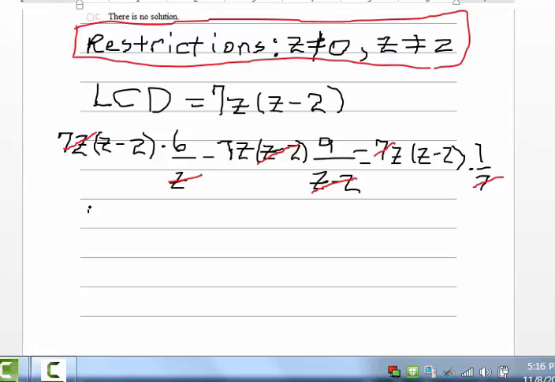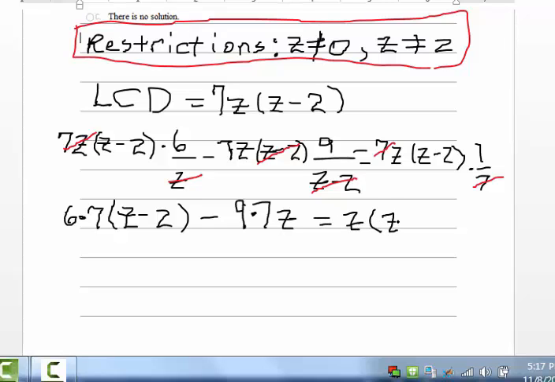So in the first position, we're left with 7 times z minus 2 times 6. And we can put that 6 in front of the 7. We can multiply in any order. The second product leaves negative 7z times 9, and we'll just put the 9 in front of the 7z.